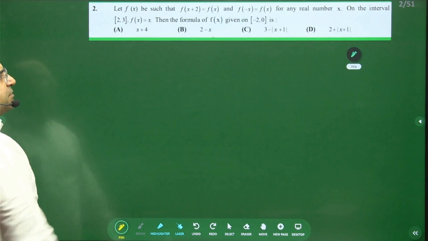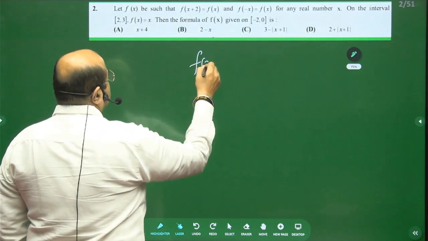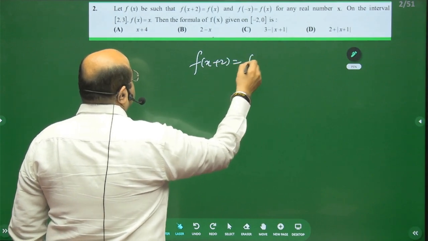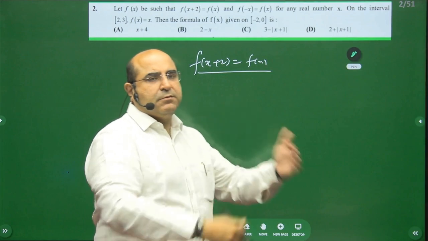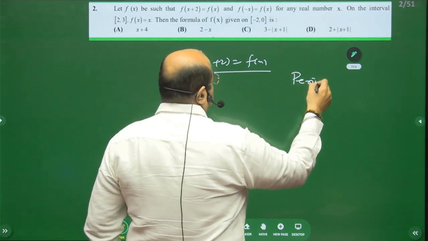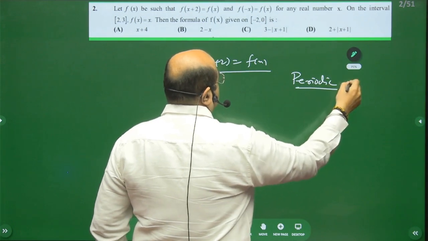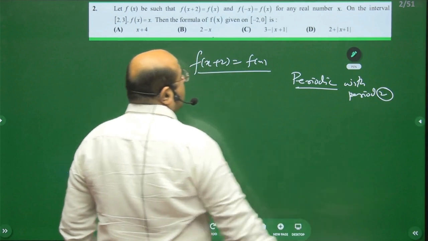This is one question which you can see on the same lines. f(x plus 2) equal to f(x) makes the function periodic with a period value of 2. What does that give you?